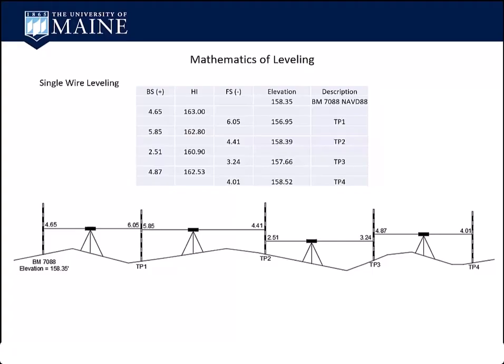We always have to describe what it is we're doing. In this case, we're starting with a benchmark 7088. I think that was a Mass DOT benchmark I was using, and give it a datum in the book so that somebody who comes in after you will know what it's referenced to, because otherwise it's just a number.